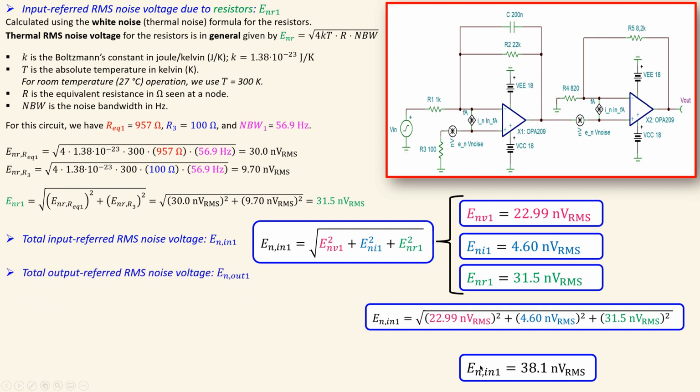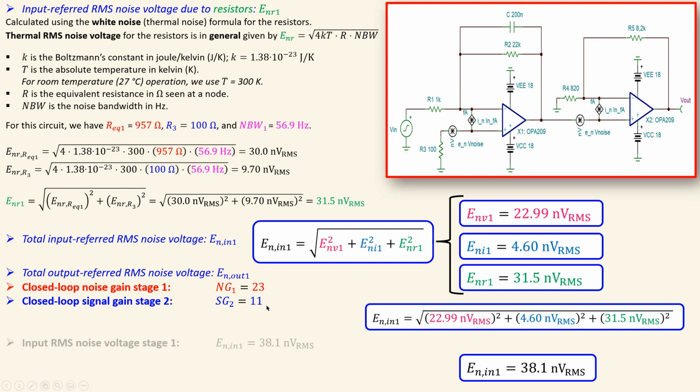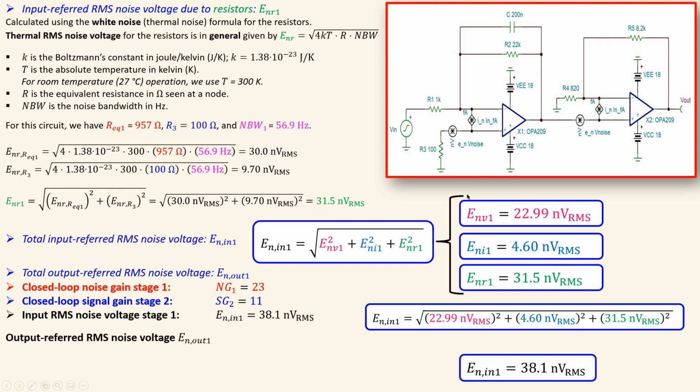Now we need to, of course, calculate the contribution of all of these at the output using the closed-loop noise gain of the first stage, which is 23, and also the closed-loop signal gain of the second stage, because we consider the second stage as an ideal amplifier. That is 11 for the signal gain of the second stage. And we need, of course, the input RMS noise voltage of the first stage, which we have calculated now as 38.1 nanovolts RMS. Now we can calculate the output noise voltage in RMS due to the first stage, considering the second stage as an ideal amplifier, noise free.